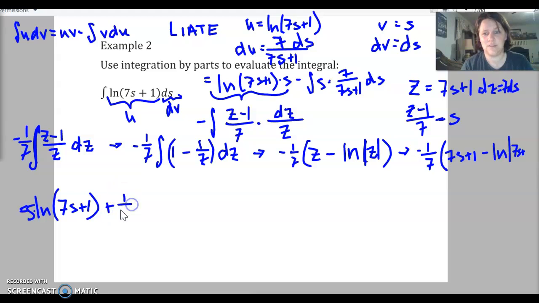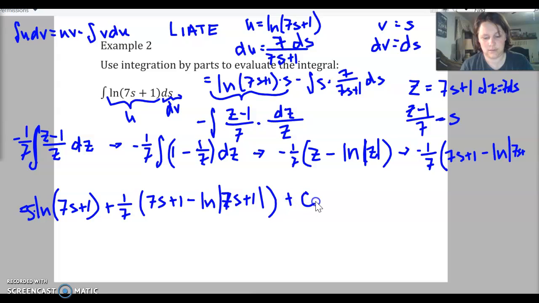So plus 1/7 times 7s plus 1 minus the natural log of 7s plus 1, and then all of that plus c.